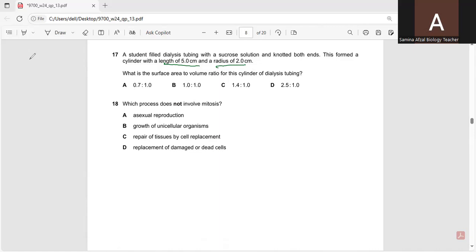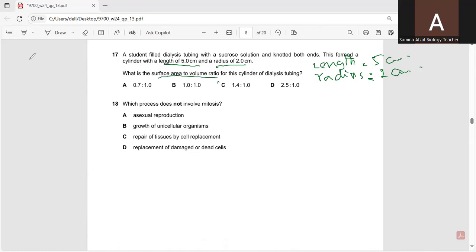So we have to find the correct answer. For this, we have to find out the surface area to volume ratio.